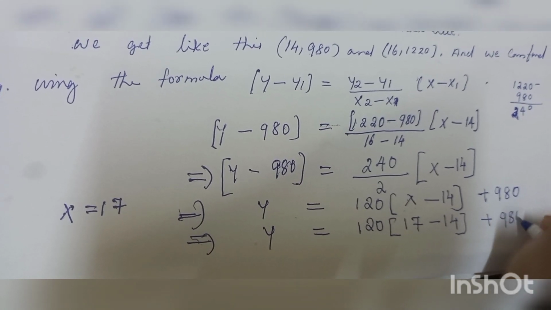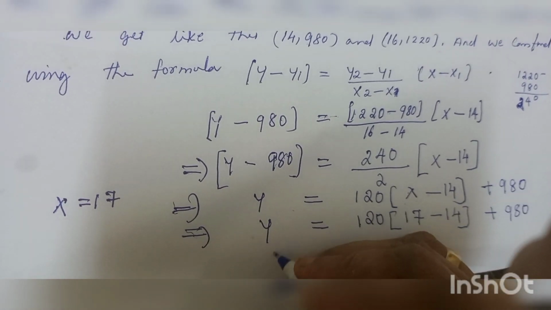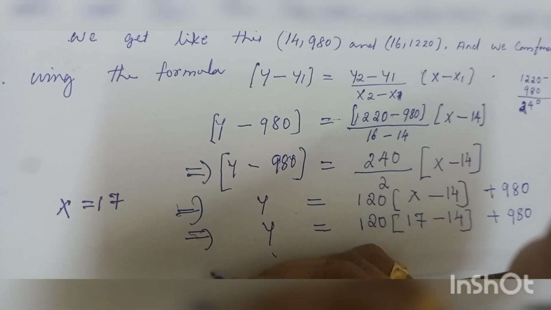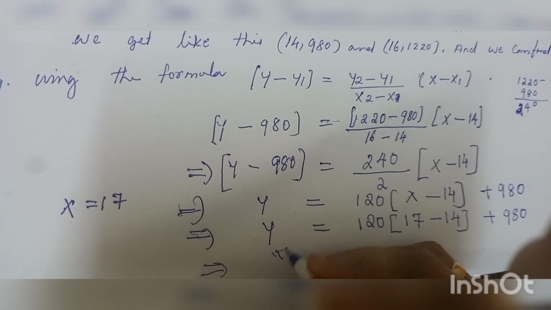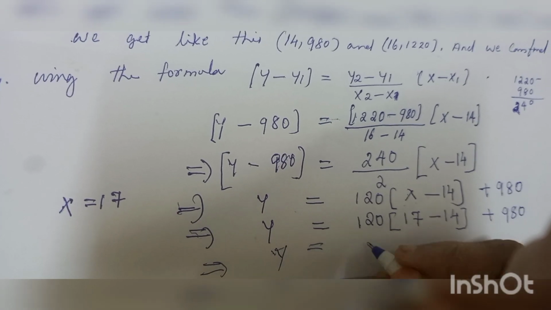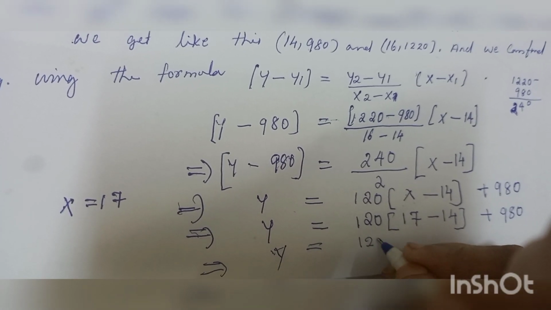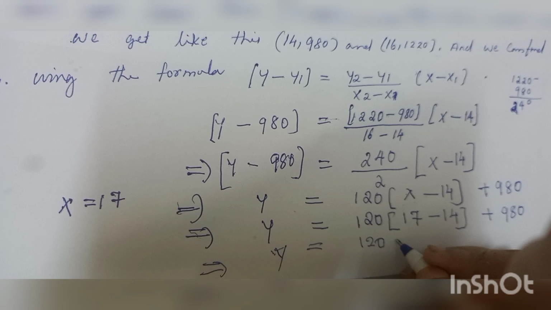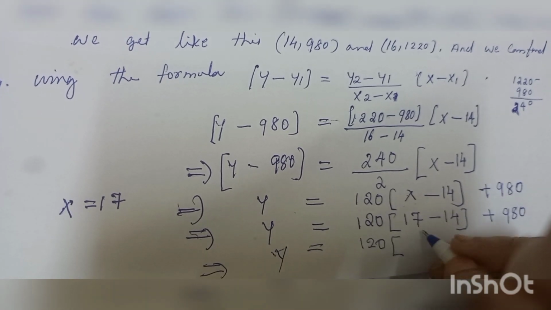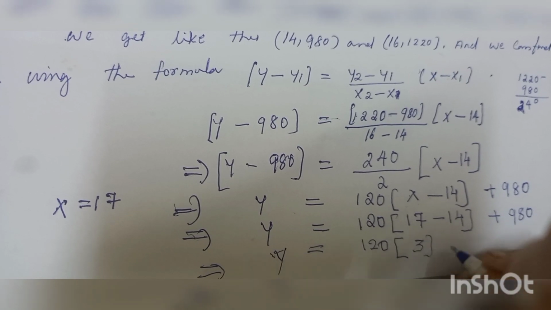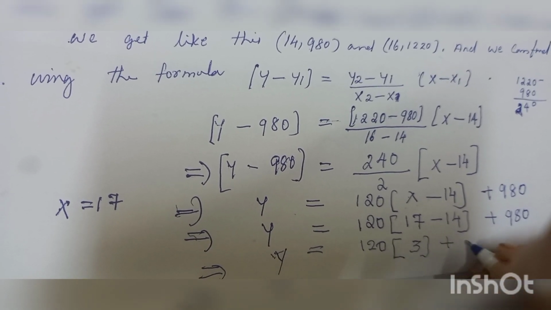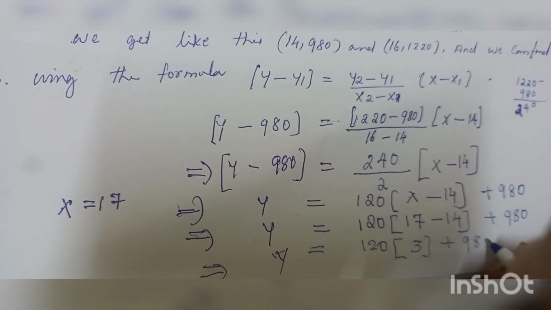Next step: y equals 120 into 17 minus 14, which is 3, plus 980.